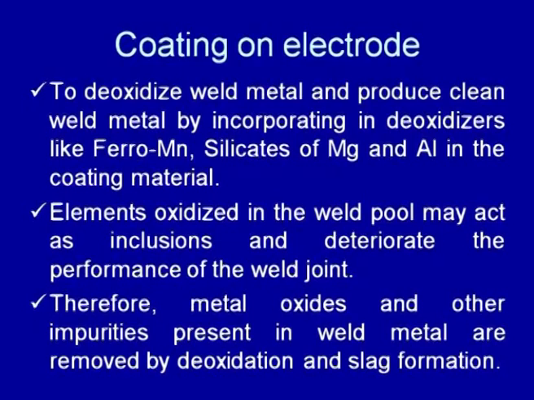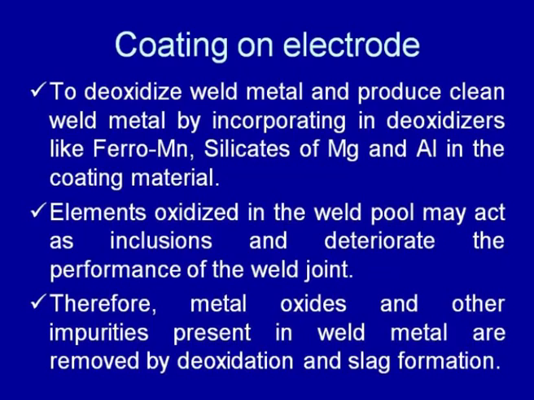So, the elemental transfer efficiency will be low in that case, and similarly in those processes where shielding is not very effective, the alloying elements will be reacting with the atmospheric gases rapidly, and thereby reducing the transfer efficiency of the alloying elements to the weld pool. So, if the proper protection is there, welding current is low, and heat generation is less, then it will help to increase the transfer efficiency of the elements to the weld pool.